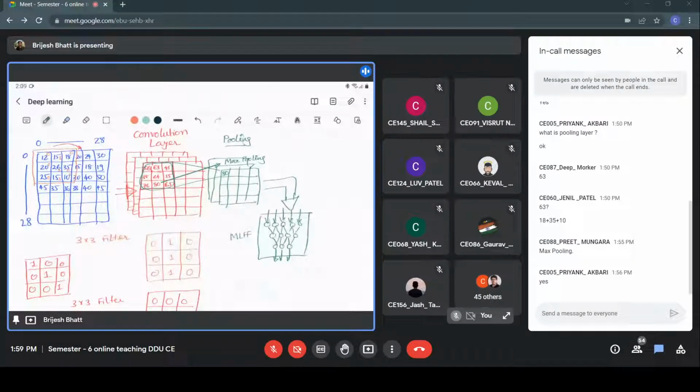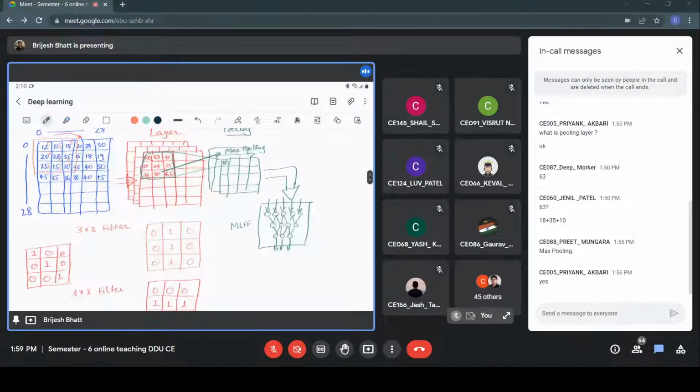And the architectures like TensorFlow, which I think you have seen in your lab for SVM or for some other experiments, are particularly suitable to do this kind of matrix operations that we are discussing here, convolution and pooling and all that. So it makes everything very efficient. Yeah, so that is CNN.